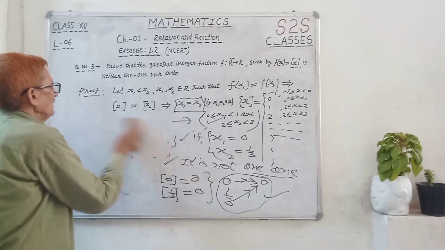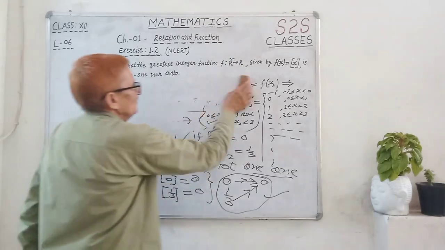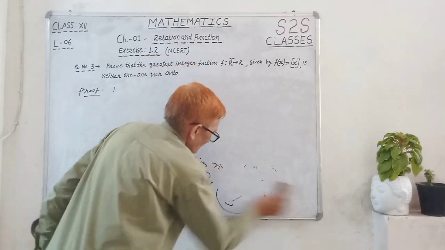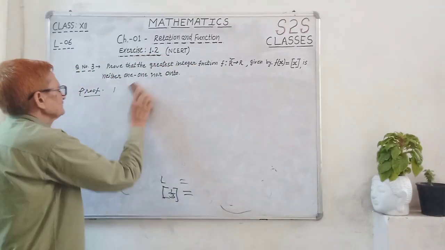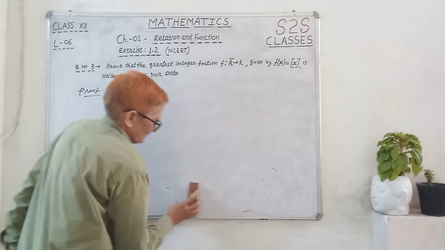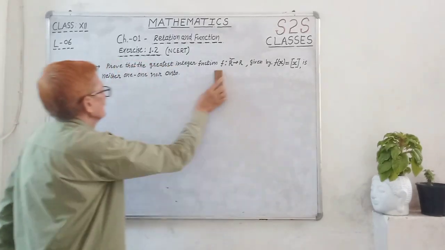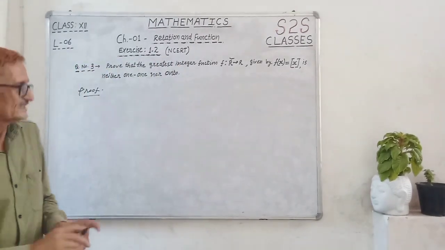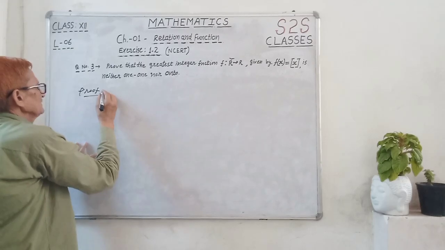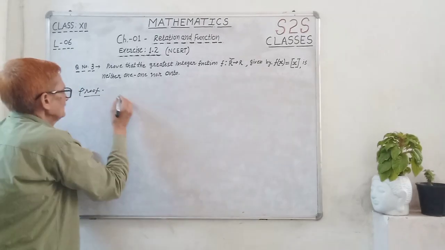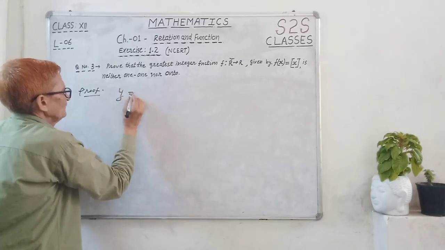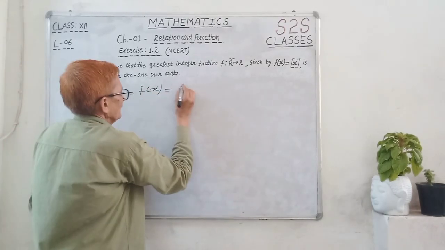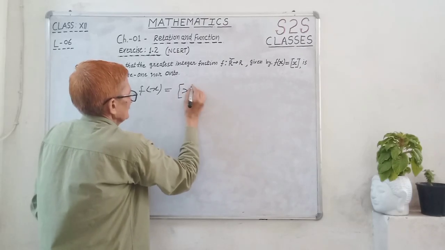Now after that we can discuss onto. Output range. Find the range. Now what is the range of this? We know the range of the greatest integer function. So y is equal to f(x) equal to the greatest integer of x.